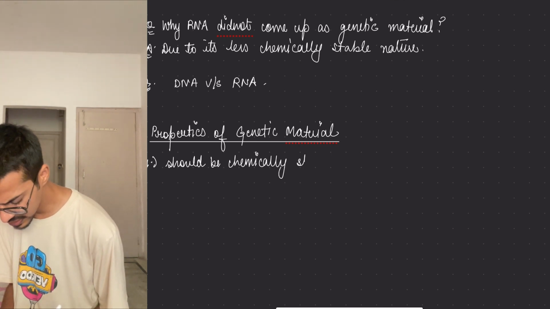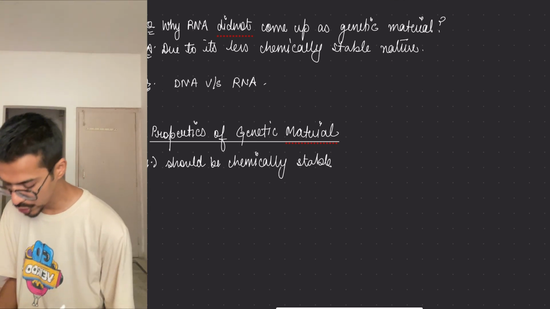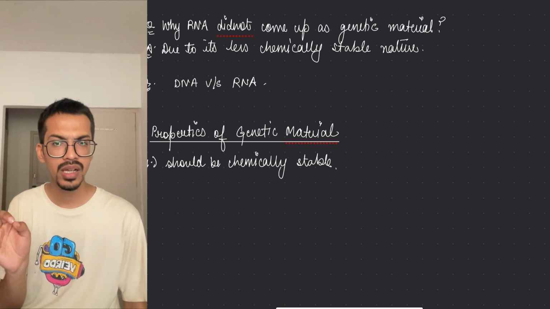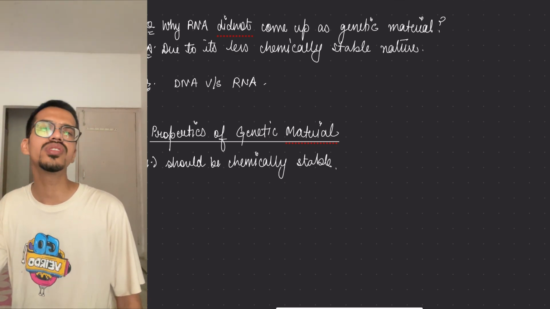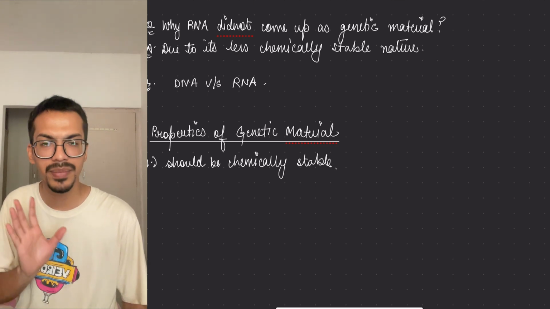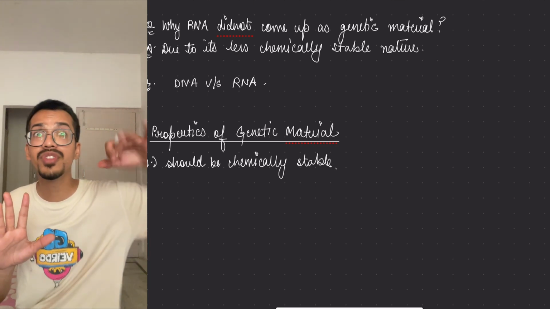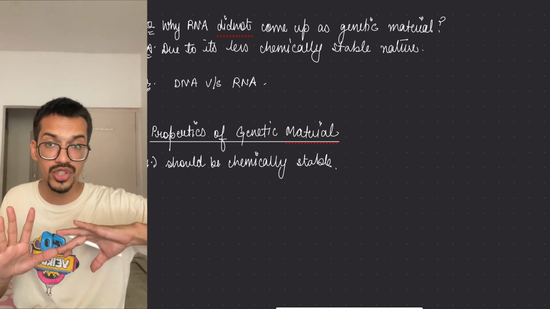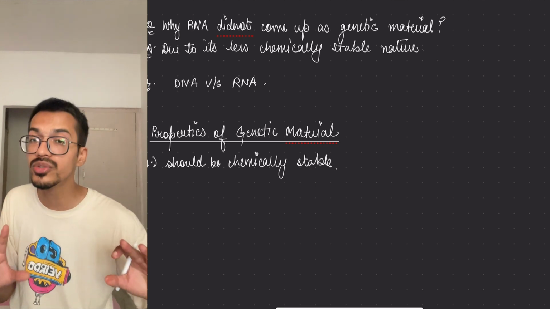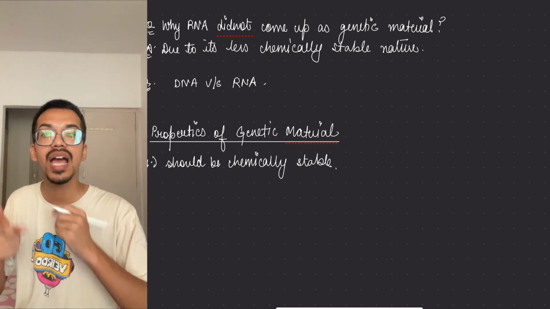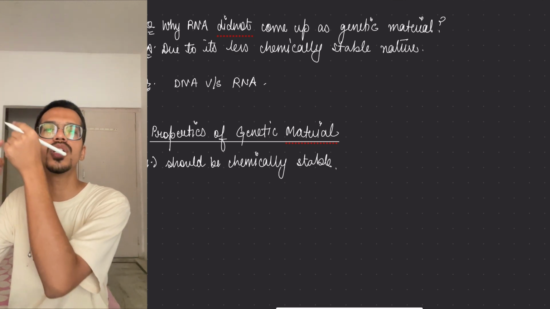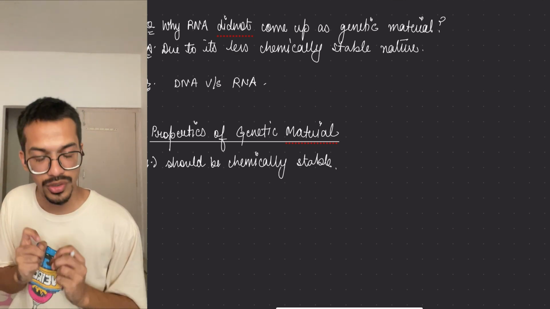But now the question is, should it be 100% stable? No, it should be stable such that slow and steady changes are present. It should not be so stable that if the environment changes we are not able to change our genetic material, meaning we won't be able to survive. That's why evolution is needed, and that happens because DNA slowly keeps on changing, not an instant change.